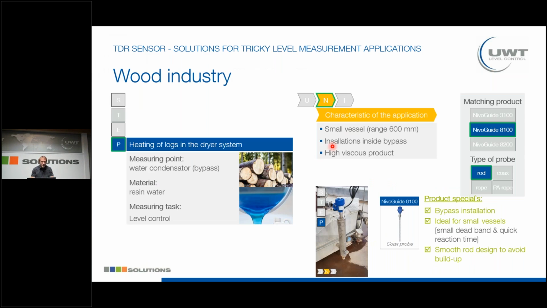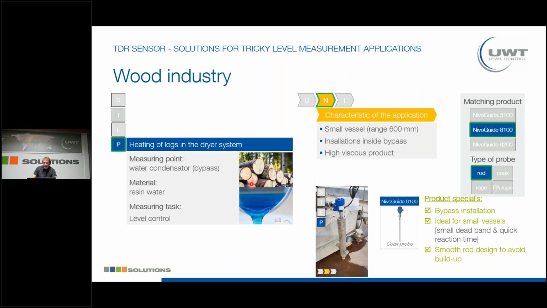What I have in the end are two success stories of what we already installed. We had one TDR sensor in the wood industry. This was installed in a little bypass tube, a very small vessel with 600 millimeters. It was a highly viscous product, resin water, which came from the heating of the logs in the dryer system.